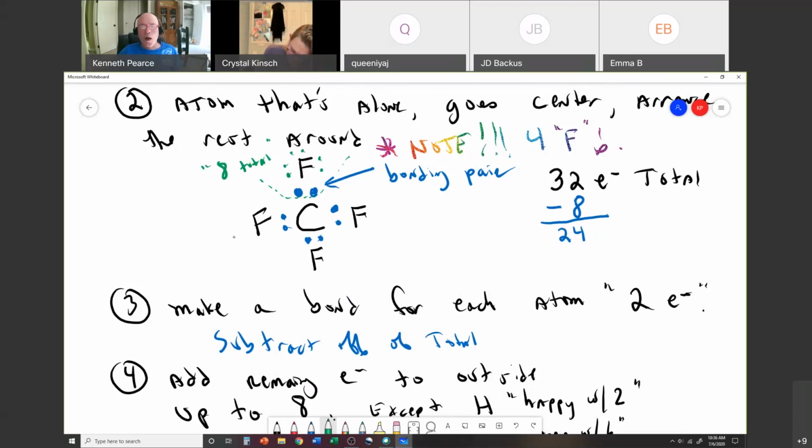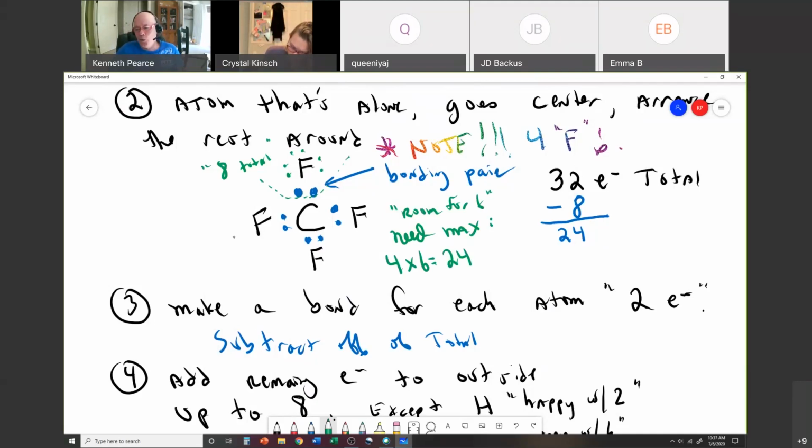Now I have 4 fluorines, so I need a maximum of 4 times 6, which equals 24, because there's 4 fluorines, and I have room for 6 on each one. So 4 times 6 is 24. Do I have 24?